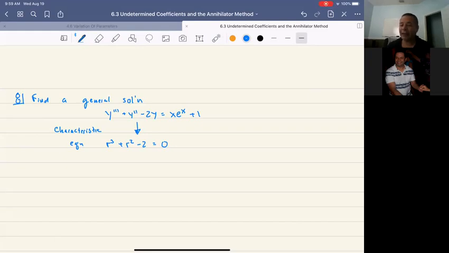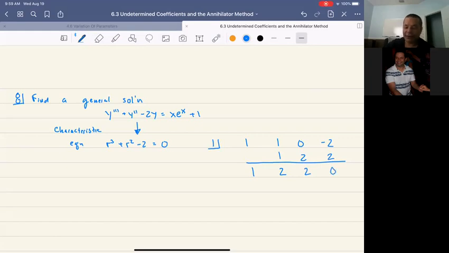So we can factor out r minus 1. I'm just going to do that by synthetic division. So 1, 1, 0, negative 2. 1 goes down, 1 comes up, 2 goes down, 2 goes up, 2 goes down, 2 goes up, 0.